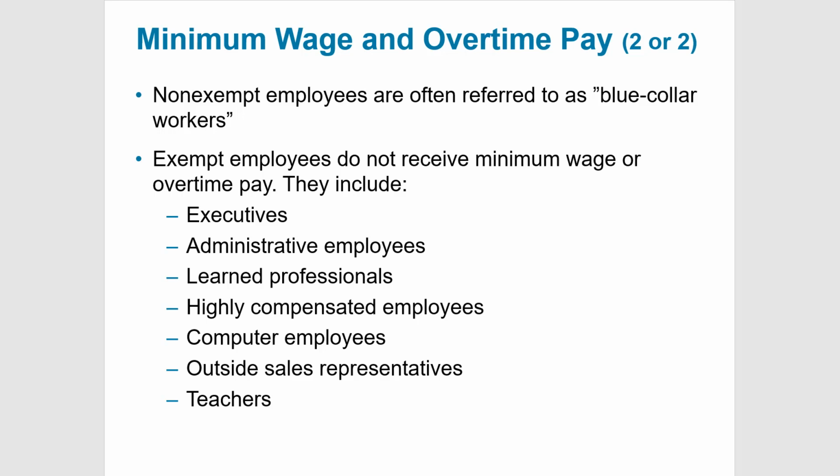Much to the chagrin of many K through 12 teachers who find themselves working way beyond 40 hours a week in a given school week, they're not eligible for overtime pay. So minimum wage and overtime apply to those lower level hourly employees. Once you get up into a salary position, as long as you're making roughly, in 2022, $35,000 a year, then you're not eligible for that overtime.